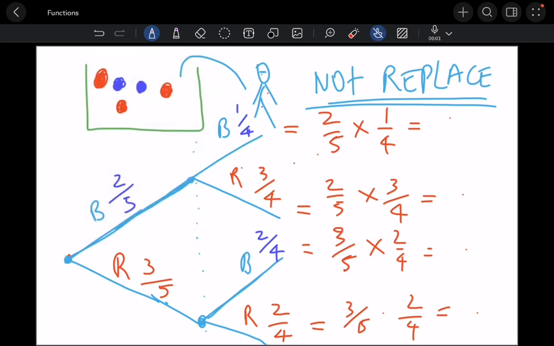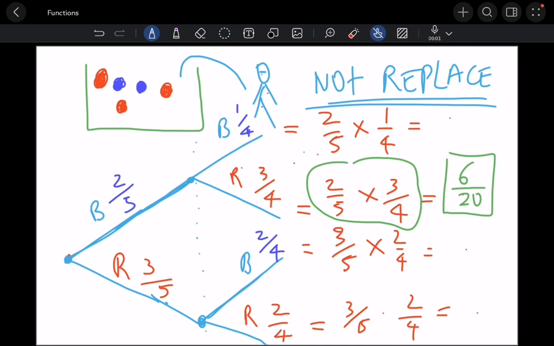Our answer is already there. Our answer will be this one. The first one is blue, then red, so it's going to be this one. 3 times 2 is going to be 6. 4 times 5 is 20. So this is our answer.